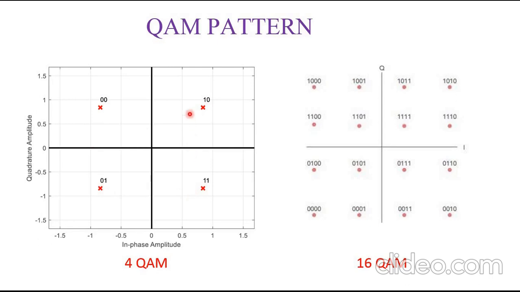So this is 0 0, this is 0 1, this is 1 1, and this is 1 0. That is how 2 bits represent one constellation point.